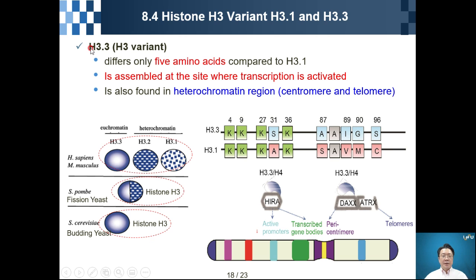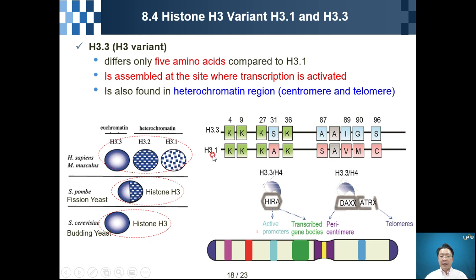Okay, let me start with H3.3. So H3.3 is an H3 variant. Okay, so this is the structure, the sequence of H3.3. H3.3 differs by only 5 amino acids compared to H3.1.